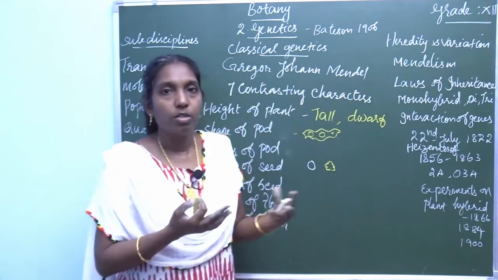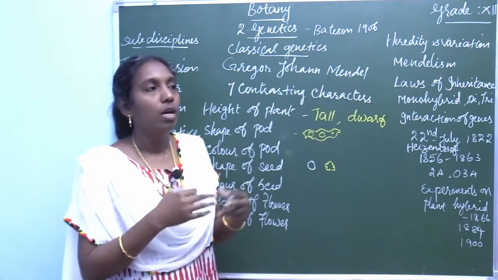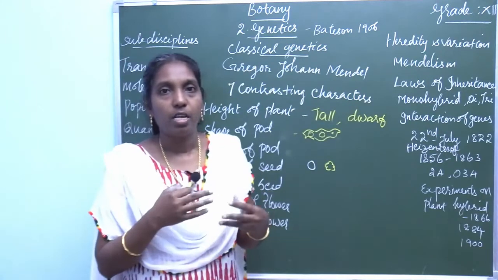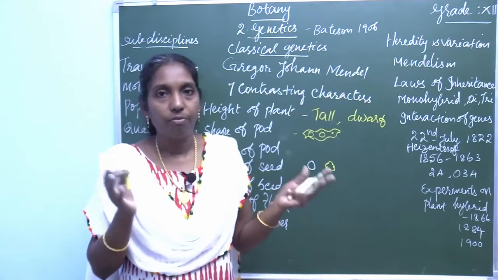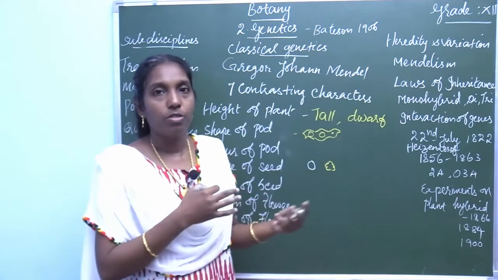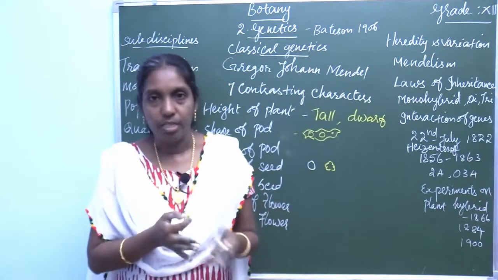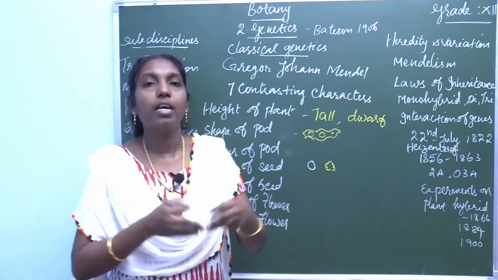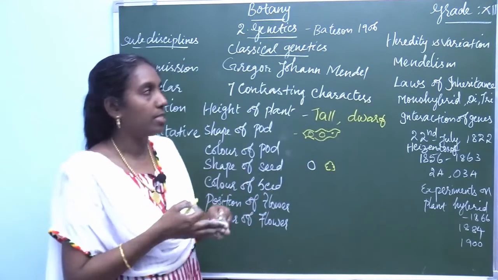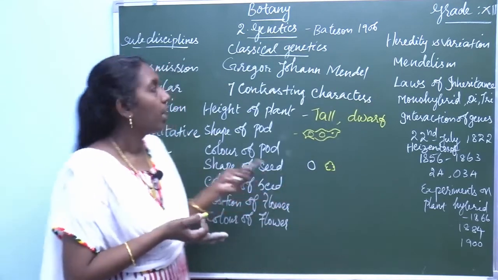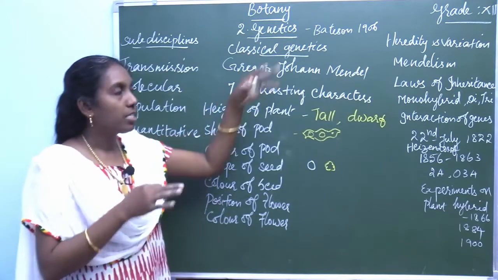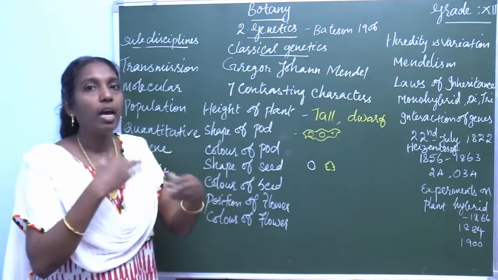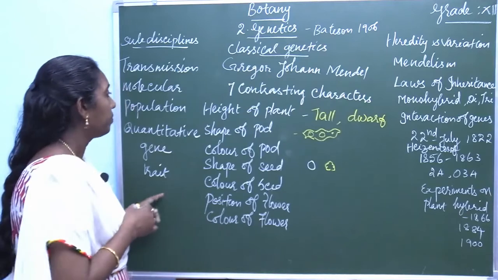In humans also, among brothers and sisters, you may find different variations. In plants also, within a population, within a species, there are a number of variations, that is, differences. So genetics deals with heredity as well as variation.